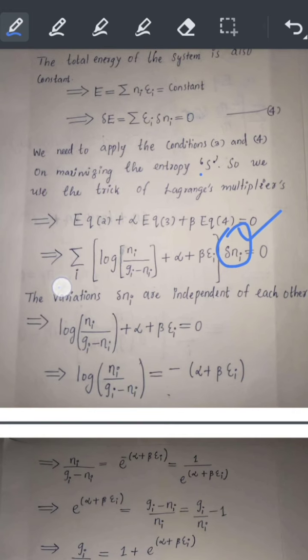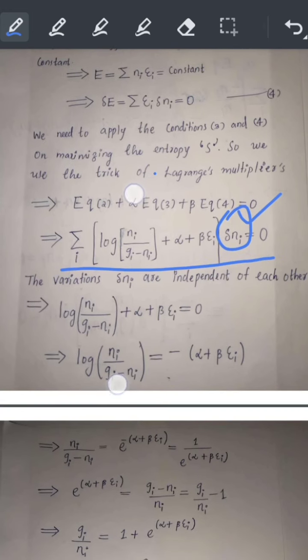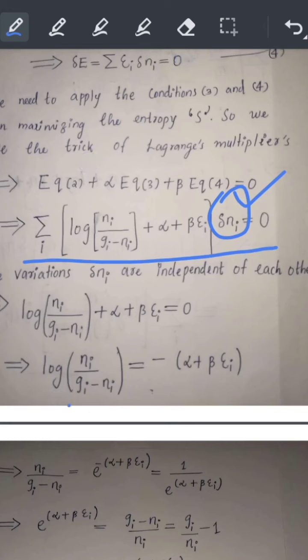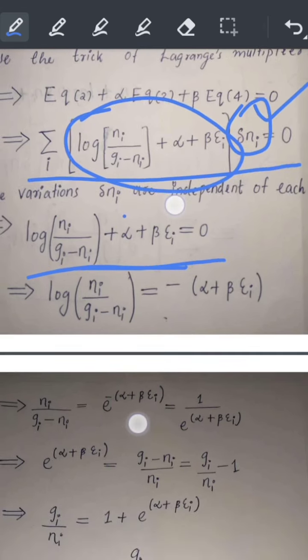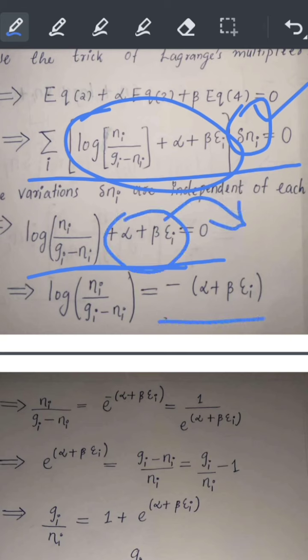So to obey this condition, we must have log of ni over gi minus ni plus alpha plus beta ei should be equal to 0. So from this equation you can simply write log of ni over gi minus ni is equal to minus alpha plus beta ei, once it comes to the RHS.